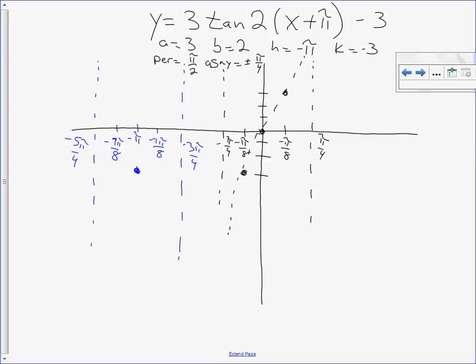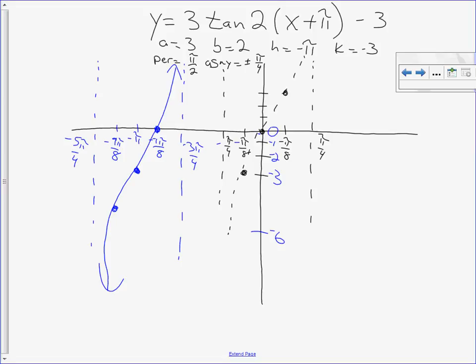We went down 3. Instead of being at negative 3, it's at negative 6. Instead of being at 3, it's at 0. And then it's shifted. So this is now negative 6, 3. Okay? Now, obviously, then I would write everything out to list what I had.